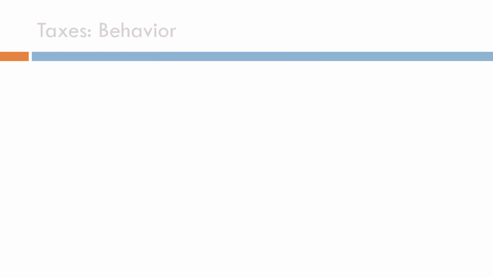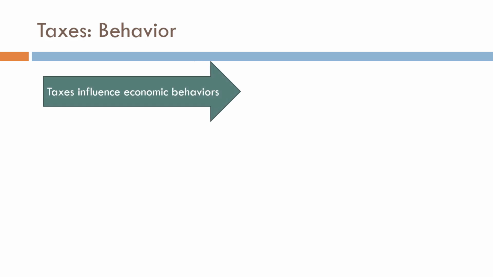The other thing I want to talk about involves taxes as a way to influence and control behavior. We've talked about controlling before, so this is looking at it from that angle. So taxes can influence economic behaviors. This seems more obvious, I guess.